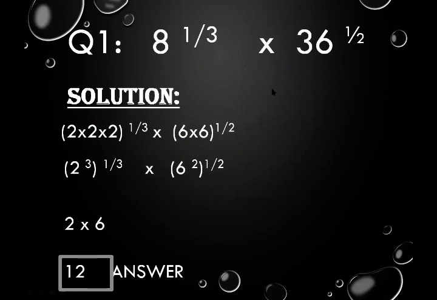Question number 1 is saying 8 to the power 1 over 3 multiplied by 36 to the power 1 over 2. Come to the solution. Whenever we have rational exponents on any base, we have to simplify or reduce them until they cannot be simplified further.